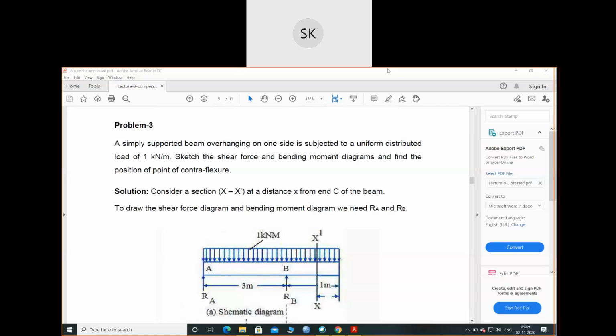You can take two sections, one here and one at this position, so you have to choose the sections carefully. Find the shear force equation, place the value of x, and then find the bending moment equation and place the value of x. You'll directly get the answer. Try this one.